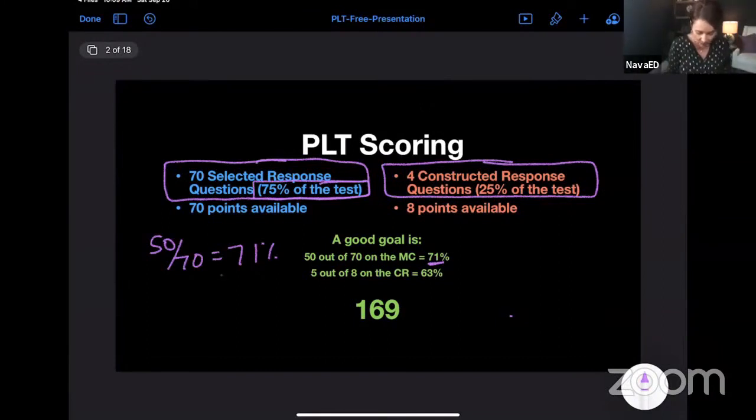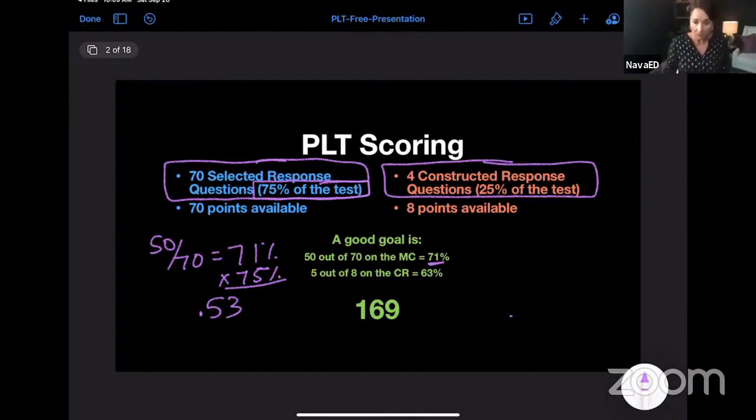You multiply 71% by 75%. I have a whole video on this that's about to be posted on YouTube, so if you get confused about this, you can always reference that later. So don't worry. 0.71, that's 71%, times 0.75, and I get 0.53. That equals basically 53%.